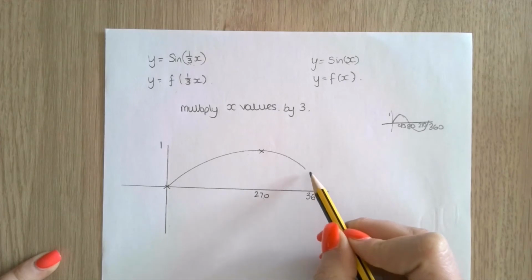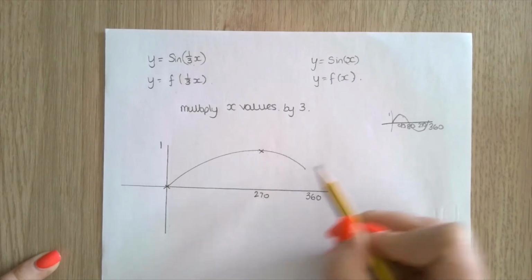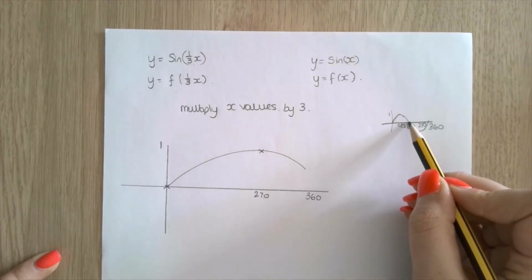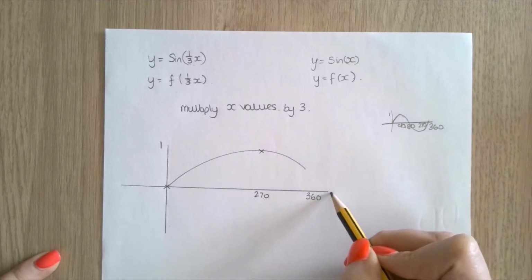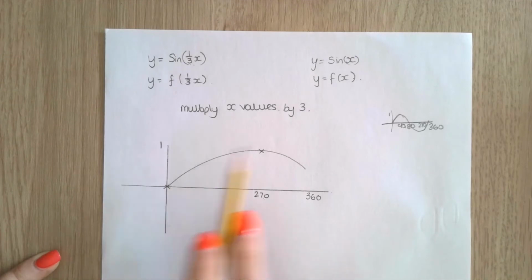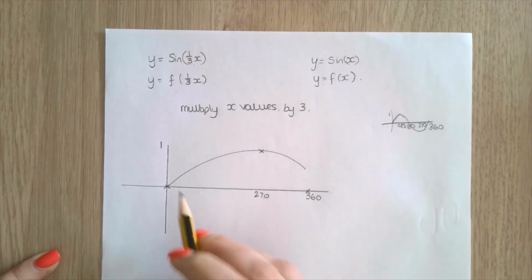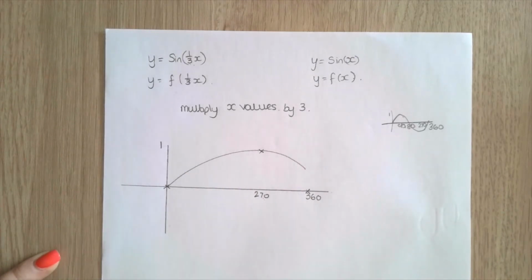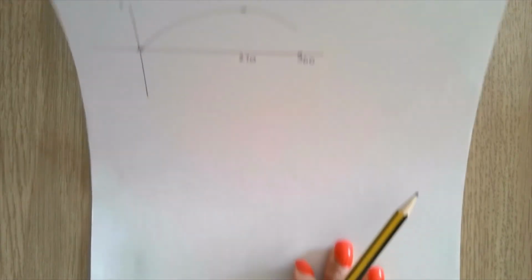Therefore, 360 must be somewhere up here, because it would be 540 by the time it hits the x-axis again. So that is my graph between 0 and 360 for y equals sine of a third x.